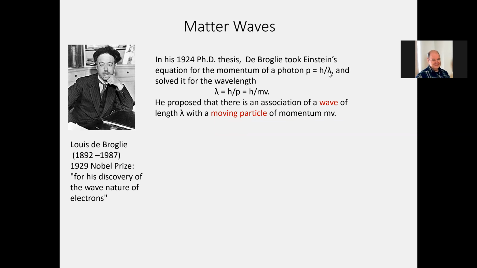Why don't we turn the equation around and solve for the wavelength: the wavelength is Planck's constant over the momentum. Well, let's write a real momentum, a mass times a velocity. Maybe particles which have mass and momentum have a wavelength as well. Basically, if light can act as particles, why can't particles act as a wave?